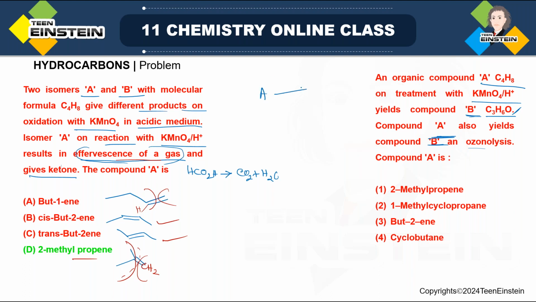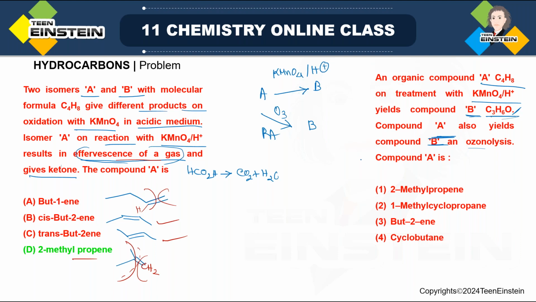So you have to apply the knowledge of both ozonolysis as well as this KMnO4 oxidation. So from A, you are getting B when you are using KMnO4 acidic condition, and you are getting B with ozonolysis. Ozonolysis means both the steps followed by reducing agent. So we know that when it is ozonolysis and you are getting C3H6O.